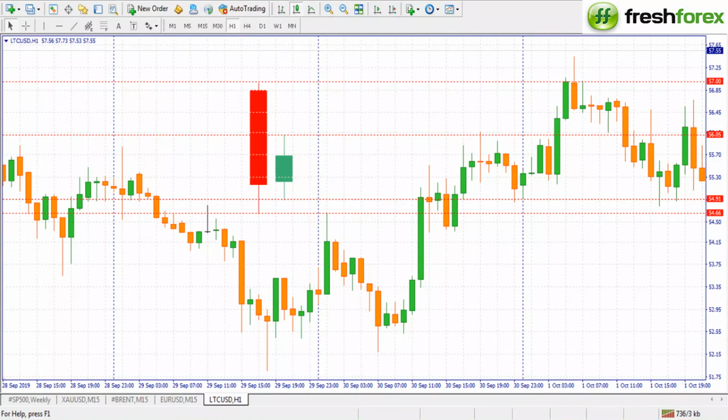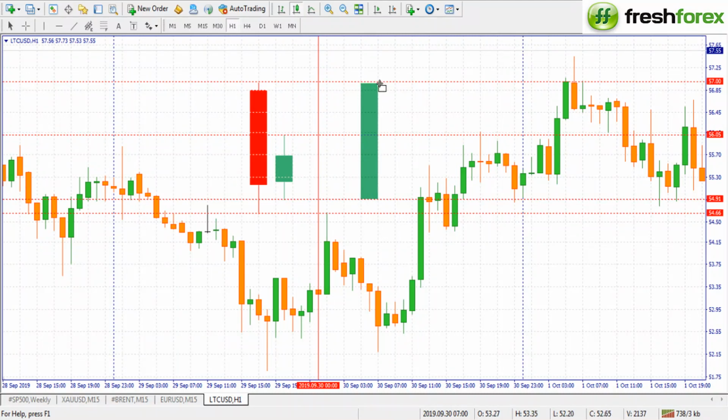So if you find a setup like this that confirms that you're supposed to go to the lower side, wait for the close of candles on a lesser time frame to begin appearing below the low of the previous one. Then you pick that trade correctly. So that is a bearish inside bar, and this is a bullish inside bar.